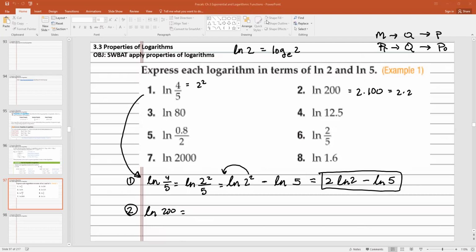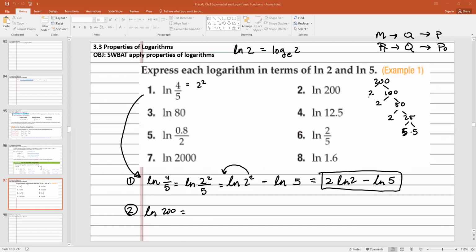Let's do the factor tree. That's better. 50 is 2 times 25. 25 is 5 times 5. All right.